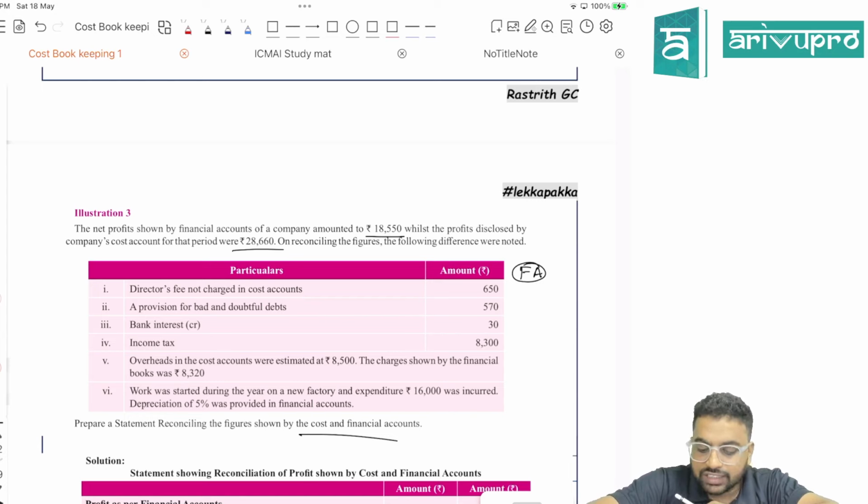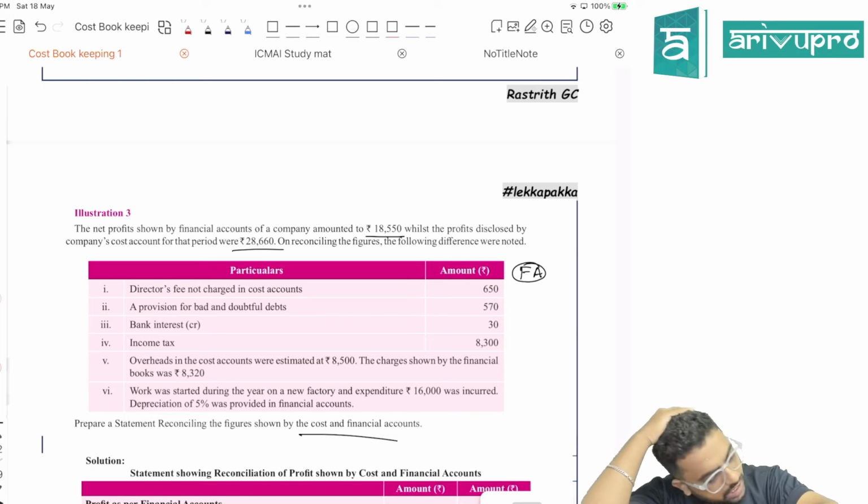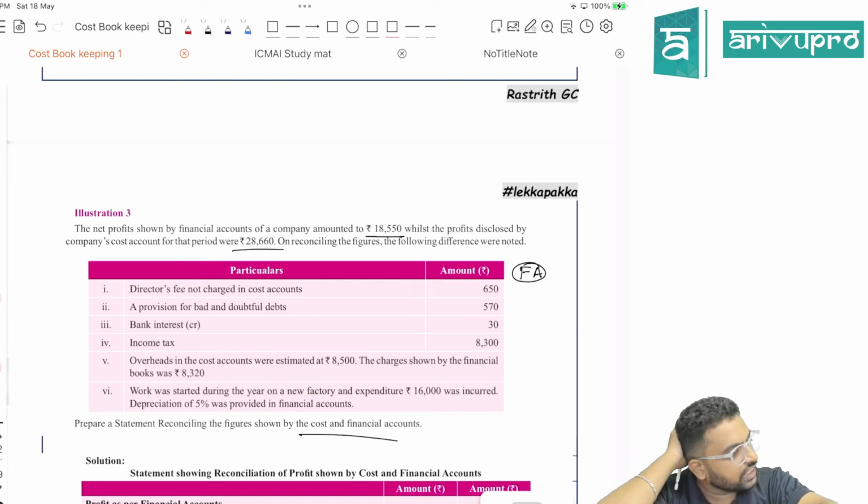Director's fees not charged in cost accounting, sir. So here the base book is cost accounting. The starting point is financial accounting. So we should take financial accounting to the cost accounting. Director's fees is only charged in the finance book, sir.